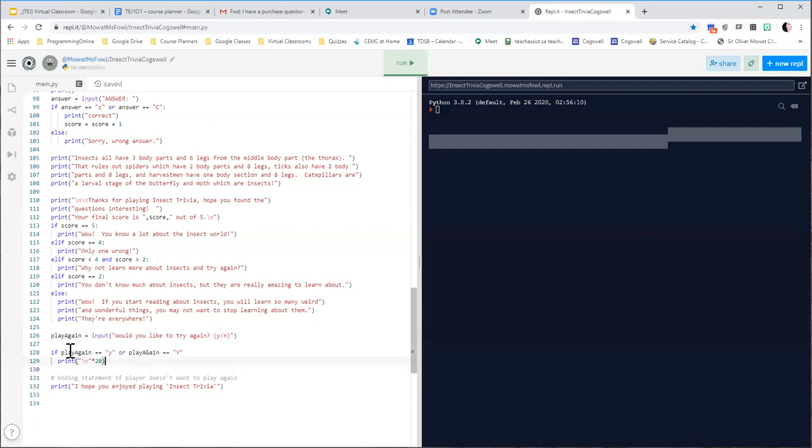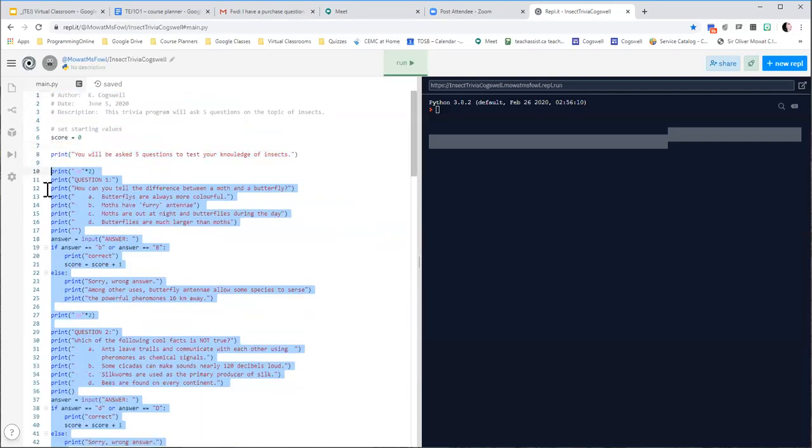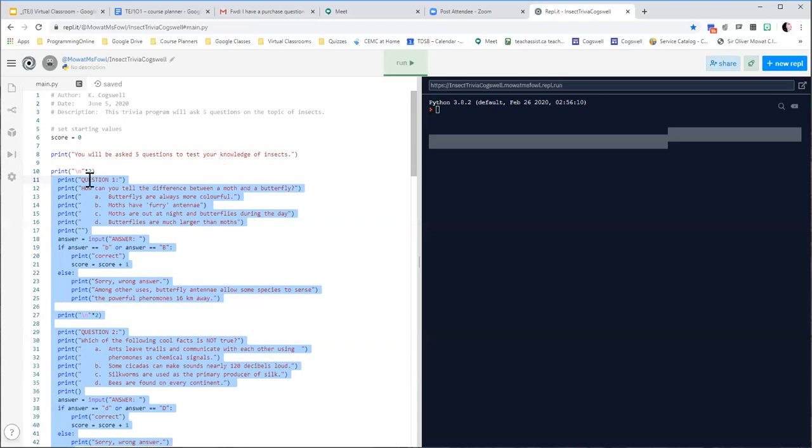So I'm going to indent most of my game. I'm not going to indent these 2 pieces because I don't want to say you'll be asked 5 questions because they already know that. So I'm going to indent this. So I highlight it all and I press tab. That indents it.